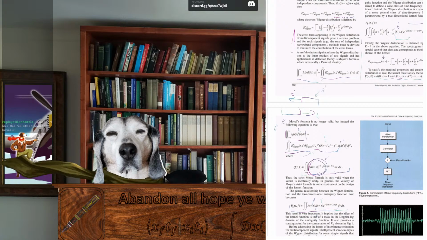Again, these are two-dimensional Fourier transforms of each other. It's just the two-dimensional Fourier transform of A times K. That's all it is.